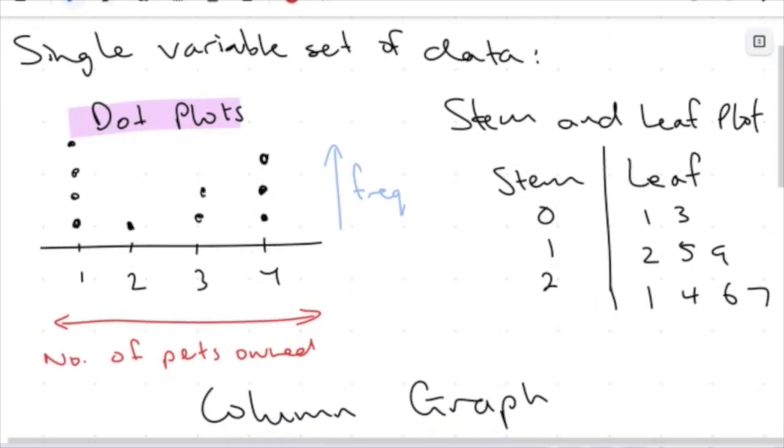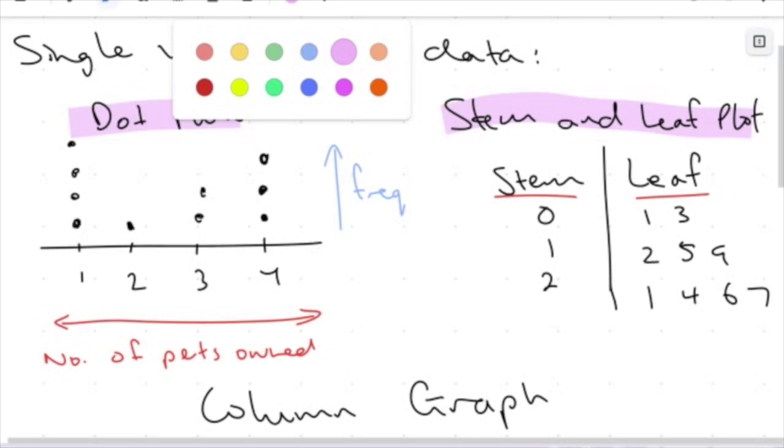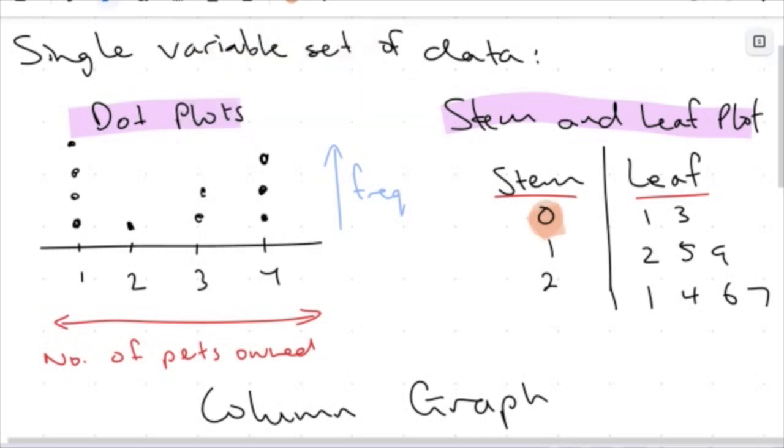The next one, stem and leaf plots. We remember these as having a stem element here as well as a leaf element, where in the context of numbers, this just gives out some numerical values. So these could be like scores in a maths test, where the first column is the digit, like if these were 2-digit numbers, this would be the first digit, and then the one here would be the second digit.